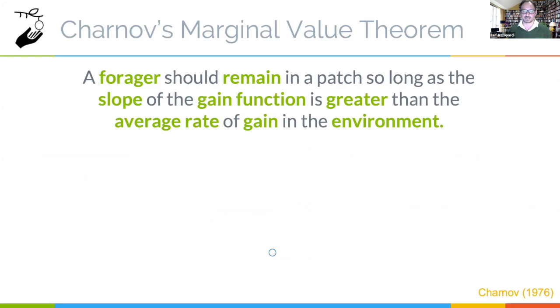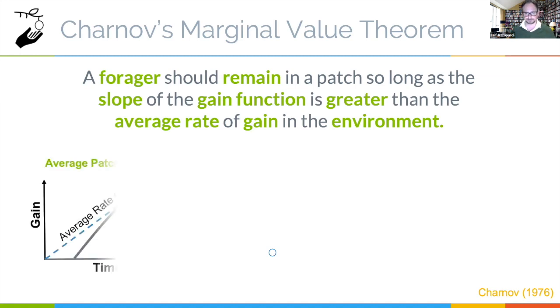Basically it said that a forager should remain in a patch so long as the slope of the gain function, or the rate of gain, is greater than the average rate of gain in the environment. So as long as you're in a patch where you're getting more than you'd expect to get elsewhere, you should stay. And if it's lower than that, you should just bail. You cut your losses, leave, and go somewhere else and start getting a better yield.